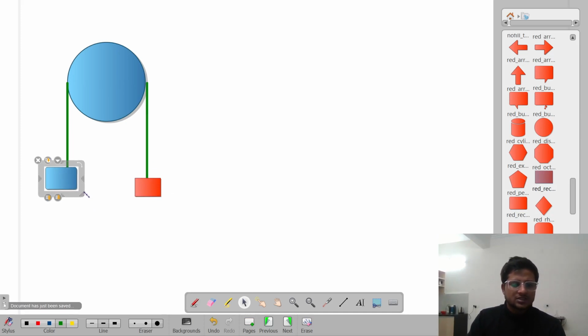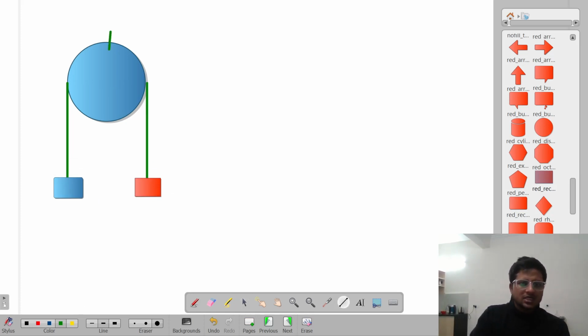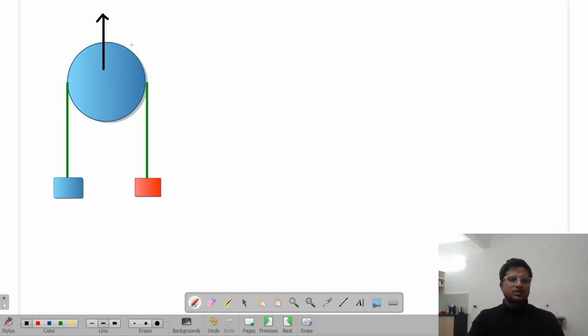Now the question arises, what will happen? I made my pulley move, and as I know one of these two blocks will be heavy, so they will move here and there. But with that also the pulley is accelerating upwards or moving upwards with some velocity. Is that clear or not?